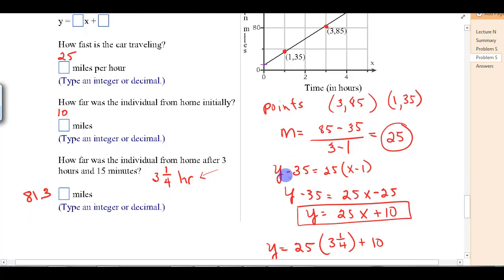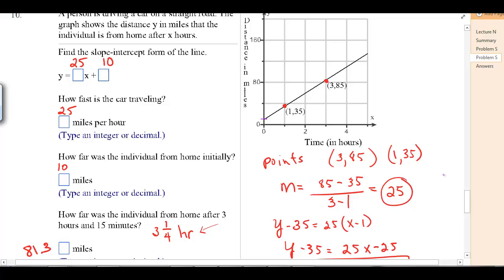So we're going to put y minus 35 equals 25 times x minus 1. That gives us y minus 35 equals 25x minus 25. Add your 35 to the other side and you get 25x plus 10. So that is going in these boxes here, get the 25 and the 10. So it's saying, how fast is the car traveling? What are the miles per hour?